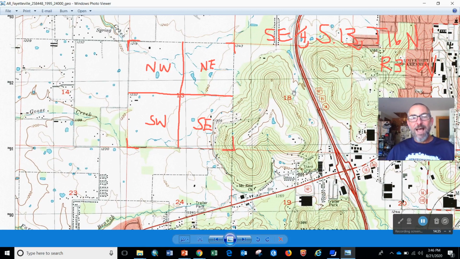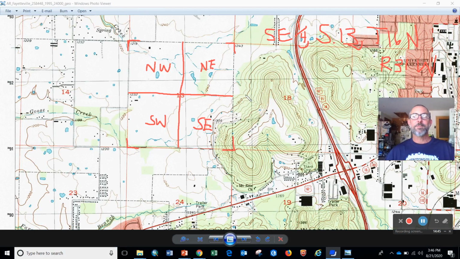So now that we know that our house is in the southeast quarter of section 13, these 3 quadrants become irrelevant. And now we're concentrating only on this one. And we're going to take that one and subdivide it. And we're going to call that northwest, northeast, and so on.